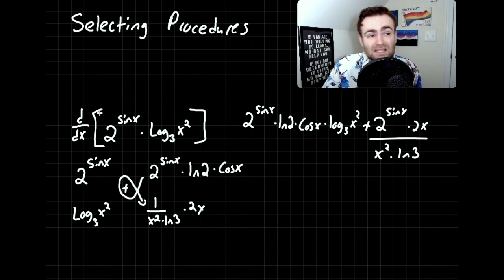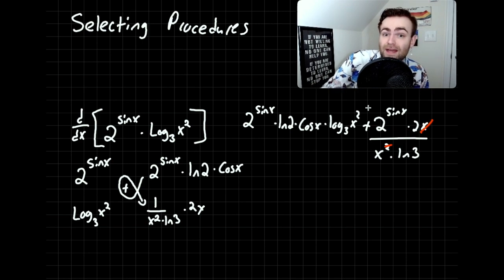So we can clean this up a little bit. One, I've noticed that we have an x in the numerator and some x's in the denominator there. We also have things in common in our terms here. We have this 2 to the power of sine x and this 2 to the power of sine x, so we can factor that out.